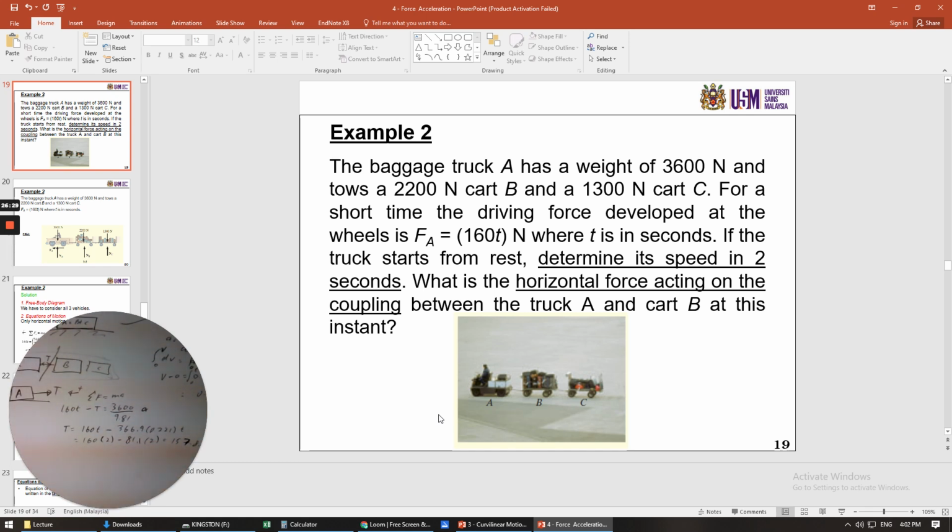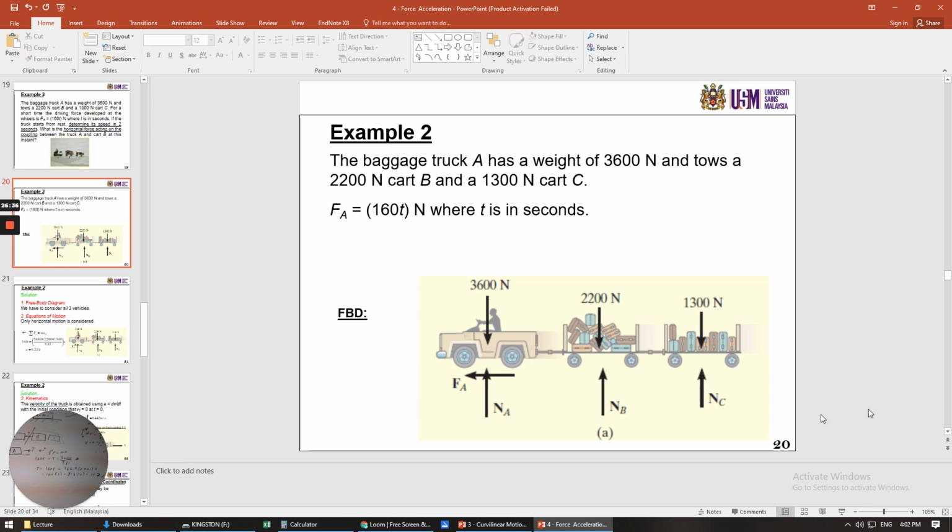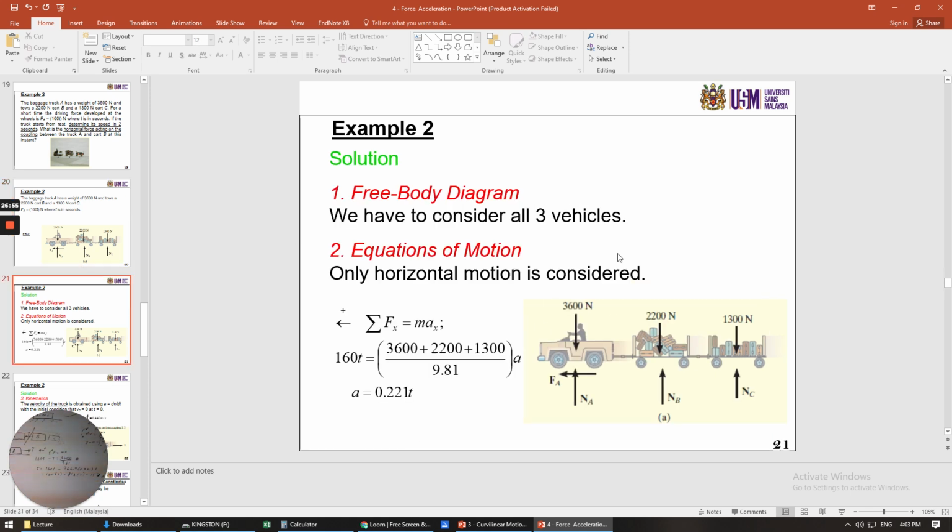Okay, let's take a look at the solution. All right, so as usual, we have to start with a free body diagram. The free body diagram shows A has an external force going to the left, and it is hooked to B and C. All of them have different masses.